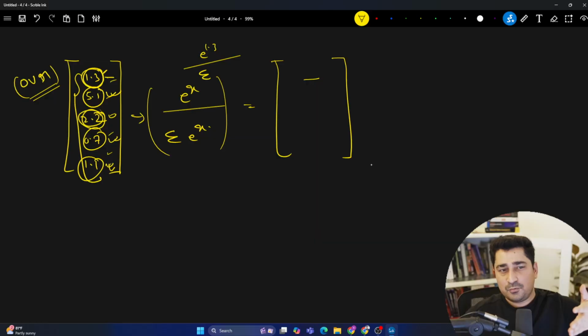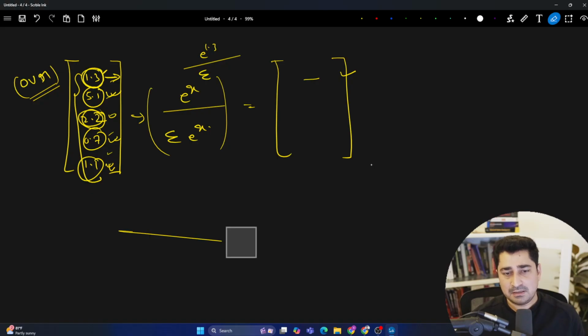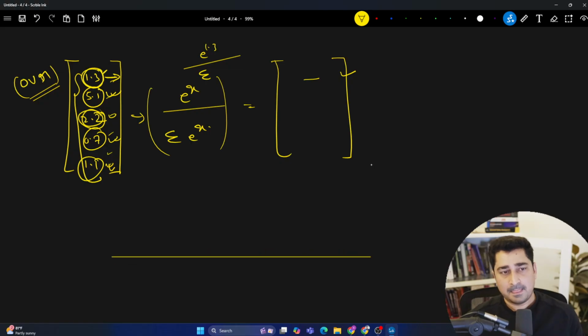So can anyone give me the probability of 1.3? Quick calculation, guys. Your denominator is going to be the same anyhow. The denominator is e to the power 1.3 plus e to the power 5.1 plus e to the power 2.2 plus e to the power 0.7 plus e to the power 1.1.